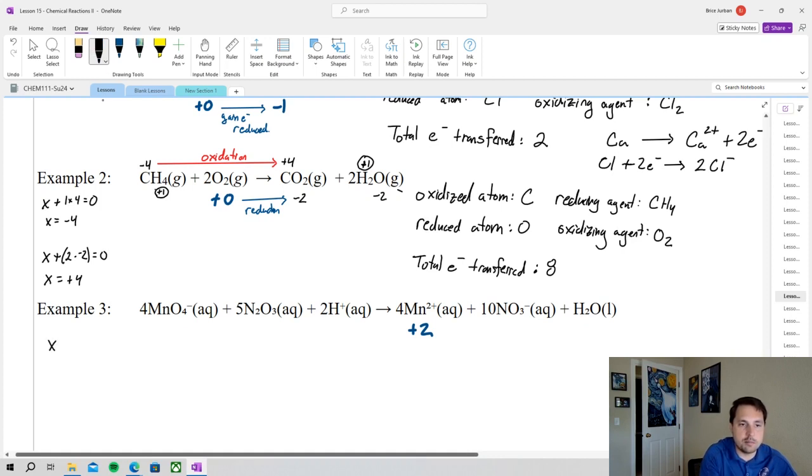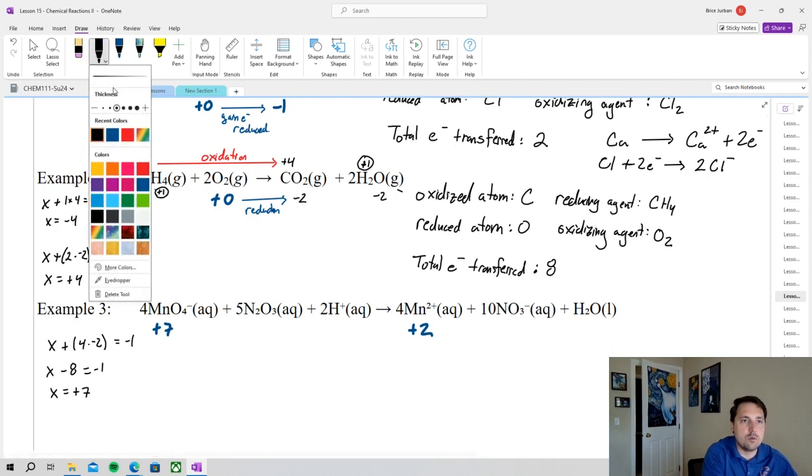We'll set manganese to X, and each of the oxygens will get a -2 oxidation state. We'll set it equal to the charge, which is -1. So this reduces down to X minus 8 equals -1. When we add 8 to both sides, we find the oxidation state for manganese to be +7.